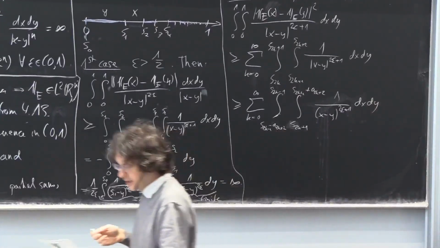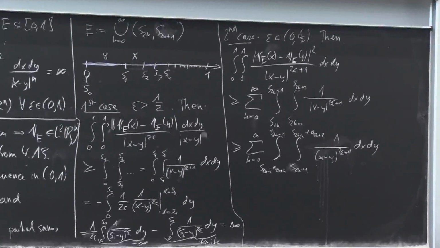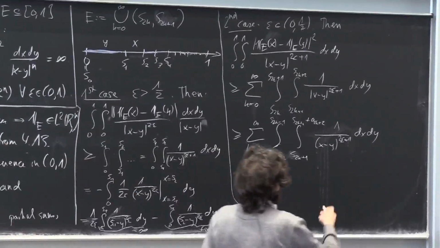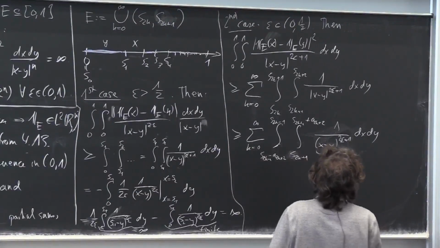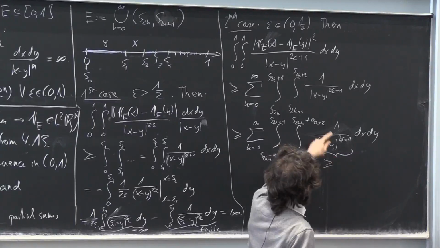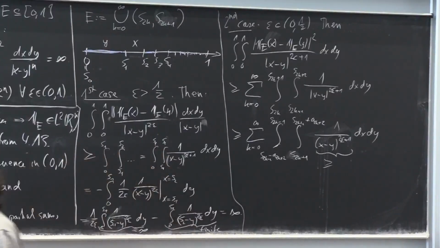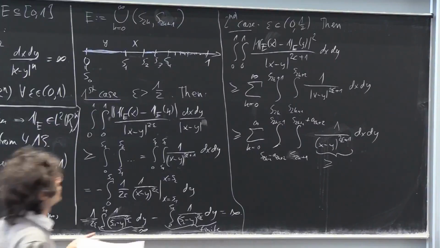And once we are here, we can now estimate rather rudely by saying, okay, how far are, so I want to estimate this from below. So to make this smaller, I have to make the denominator bigger. So how far are x and y at most apart?